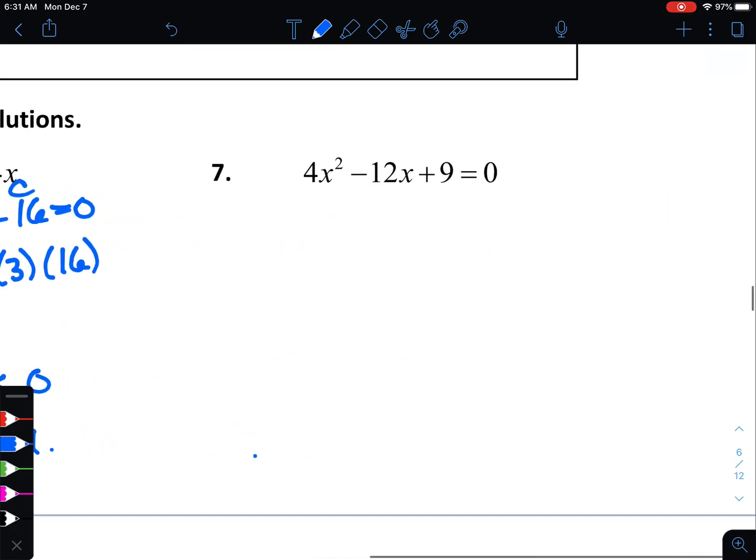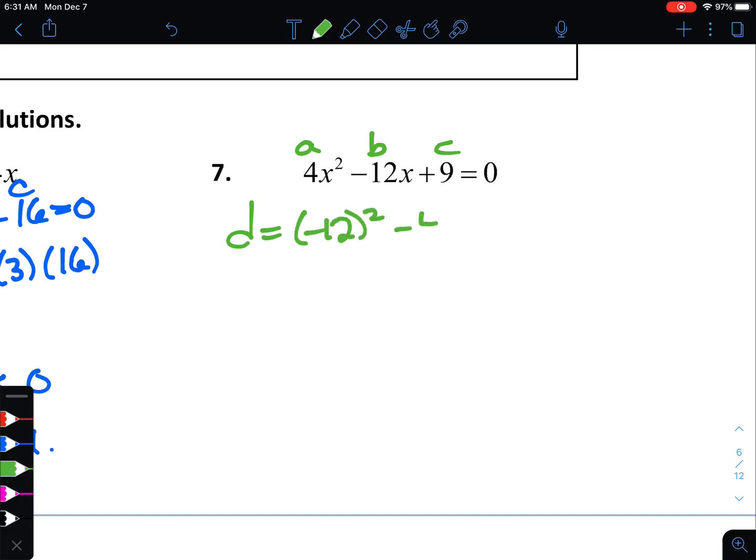All right, let's do one more example of finding our discriminant, and then we will talk about graphing. So number 7, we've got 4x squared minus 12x plus 9 is equal to 0. So we've got a is 4, b is negative 12, and c is positive 9. So our discriminant, again, b squared minus 4ac. We're going to take negative 12 squared minus 4 multiplied by a, which is 4, multiplied by c, which is 9.